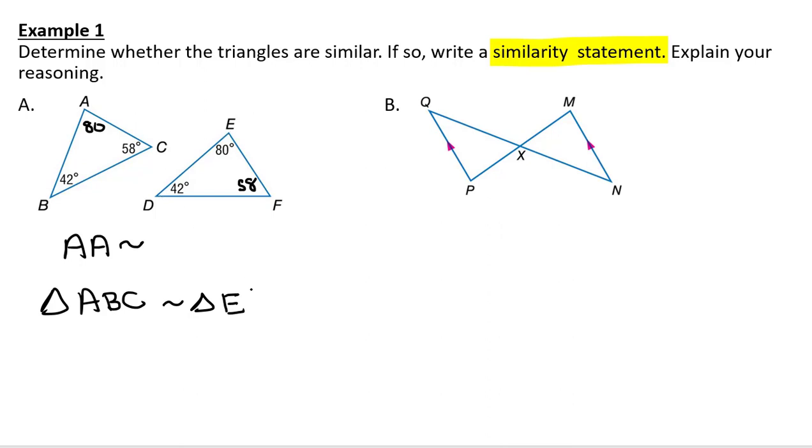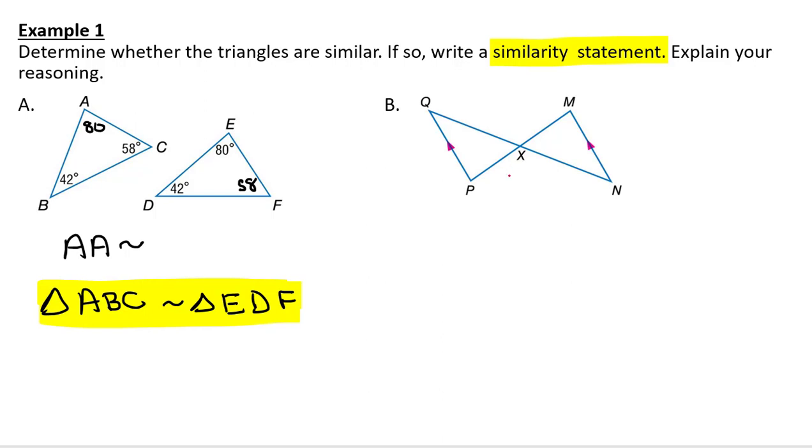Then I go down to D, which is 42, and then over to F. And again, this is your similarity statement. I'm really emphasizing this because I'm teaching geometry right now, and some of the students have messed up what a congruent statement was when we were talking about congruent statements. So now I'm really highlighting the similarity piece.